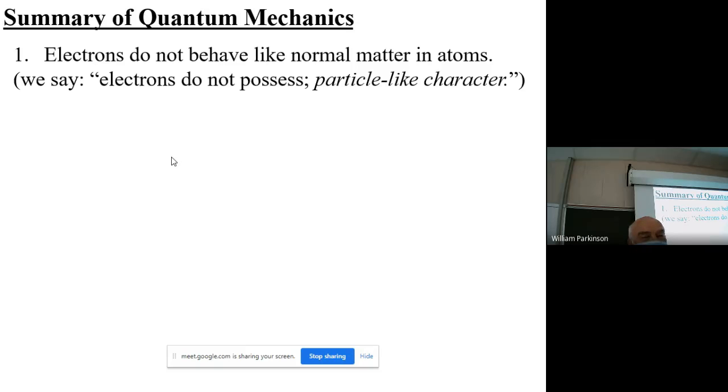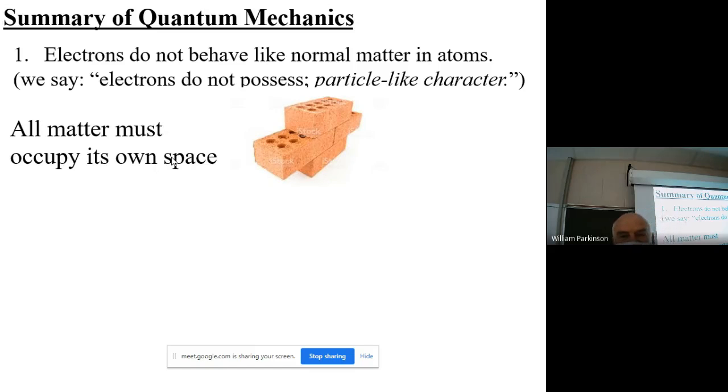Quantum mechanics essentially meant that electrons do not behave like normal matter. When they're in an atom, they are not like little hard spheres, little tiny hard spheres of negative charge at all. So what we say is they don't have particle character.